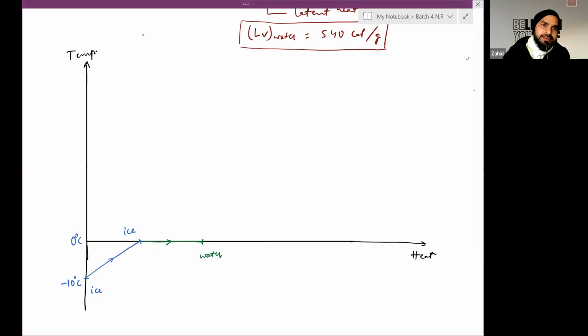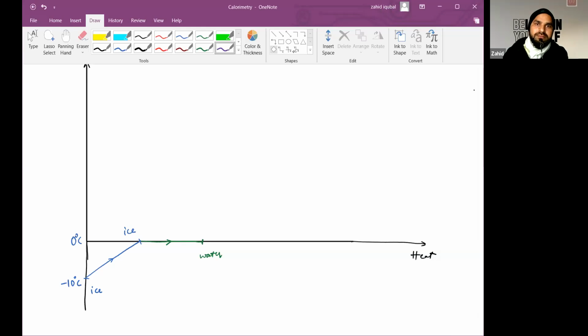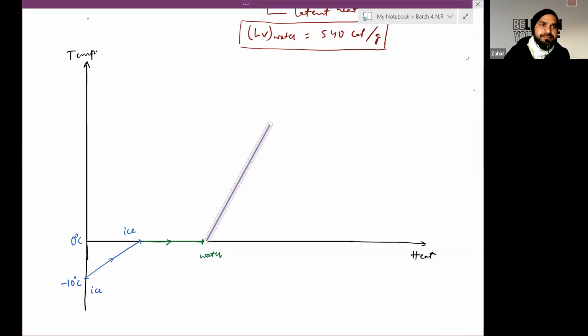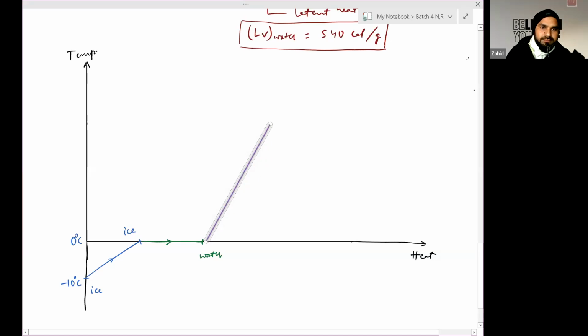On further giving heat, the temperature will start increasing till this point, 100 degrees Celsius.